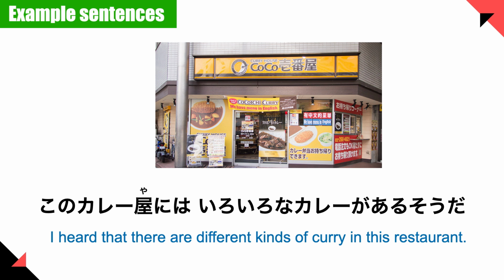So, このカレー屋には, in this curry restaurant, いろいろなカレーがある, there are different kinds of curry. そうだ, I heard. So you heard that from a reliable source. Maybe you heard it from their commercial on TV, or from their ads or something like that. Or you heard it from a person who actually went to the restaurant. So you should be pretty confident.